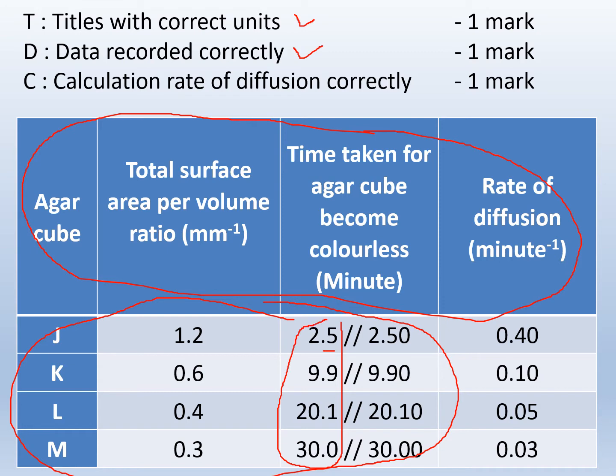If you write 2 decimal points, your answer must hold 2 decimal points. Don't mix it up. And then calculation of rate of diffusion correctly, 1 mark. So you get 3 marks here for data.